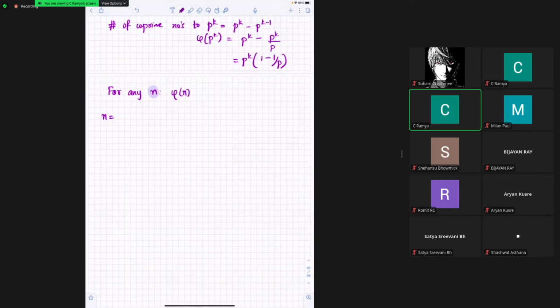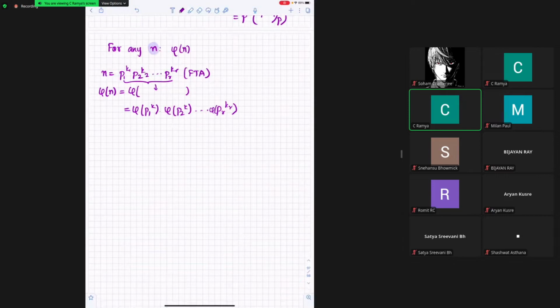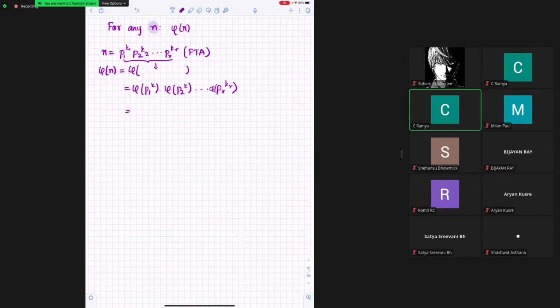So n I know can be written as p1 to the k1, p2 to the k2, and so on up to pr to the kr. So this is the fundamental theorem. Now, phi of this whole term, I'm going to write this as phi of p1 to the k1, phi of p2 to the k2, up to phi of pr to the kr. If this is true, then I know how to estimate phi of p1 to the k1.